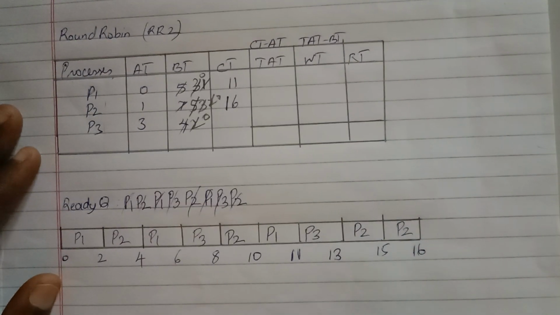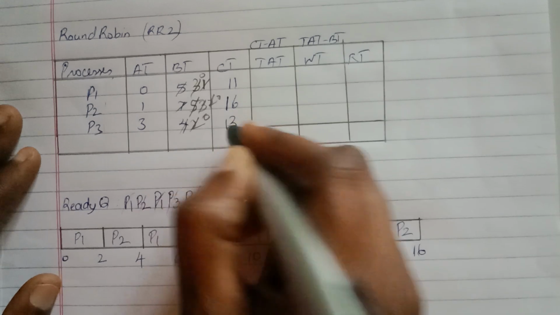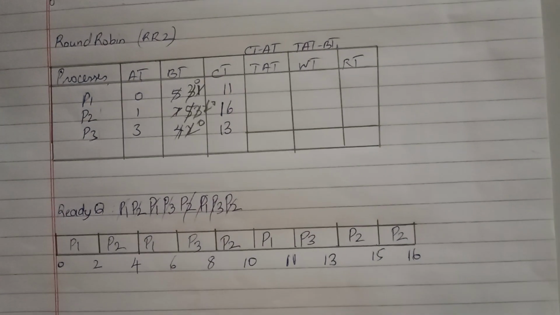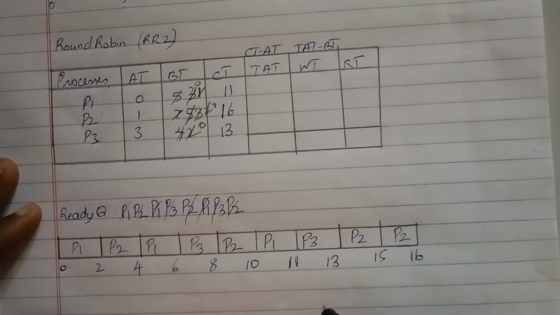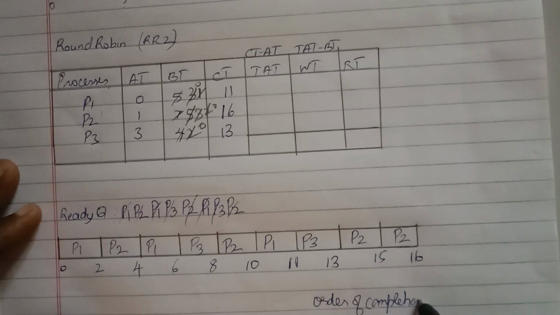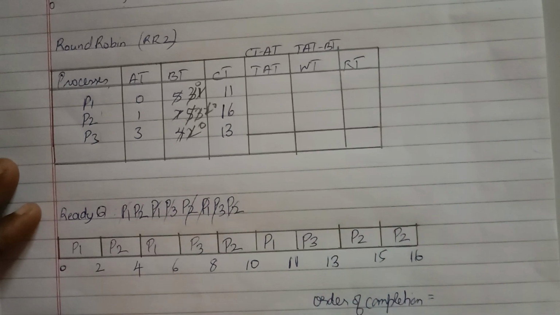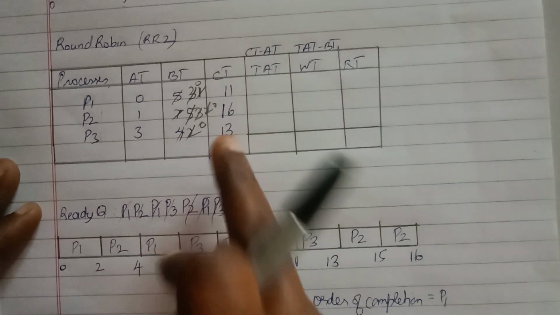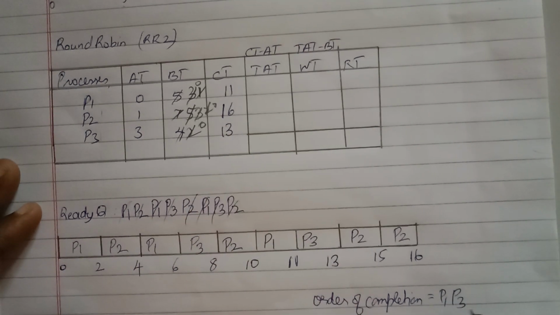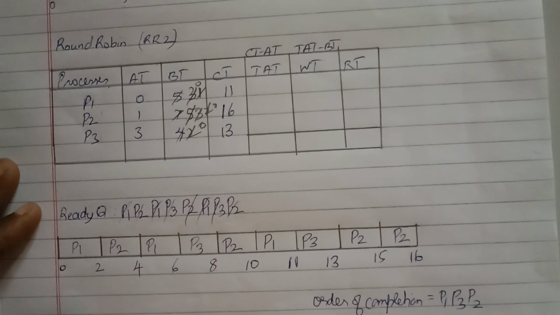P3 is completed in 13. So 13 is the completion time for P3. So this is the order. So the order of completion is first P1, next P3, and then finally P2.